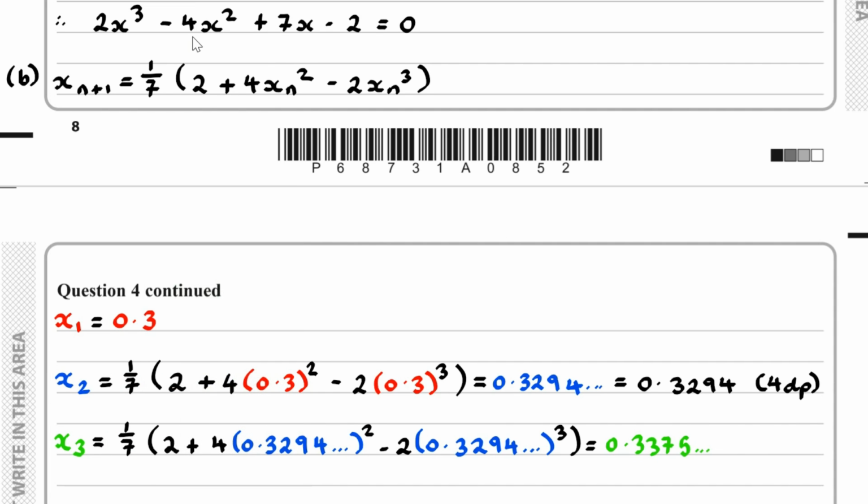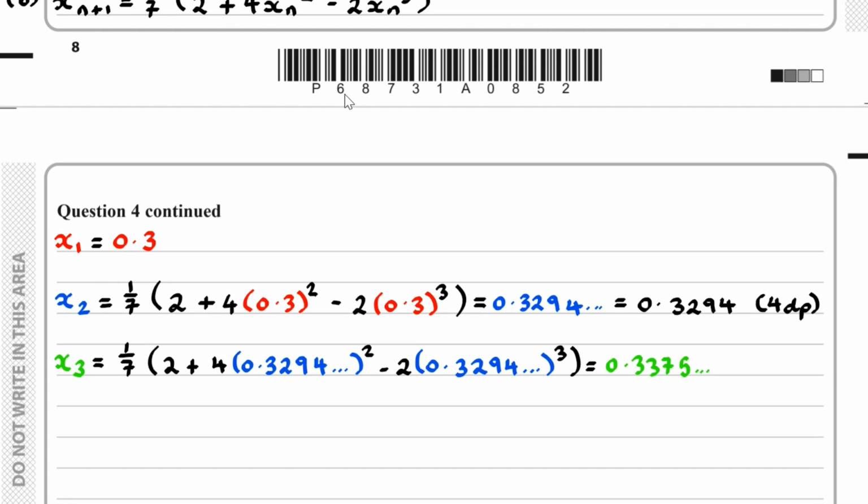And what we need to do is find out what x4 is. So x4 is equal to 1/7 lots of 2 plus 4 lots of 0.3375 etc. squared minus 2 lots of 0.3375 etc. cubed.